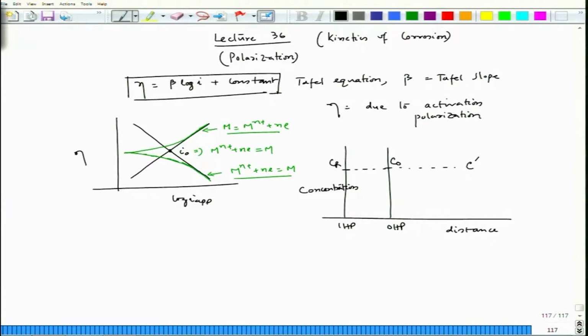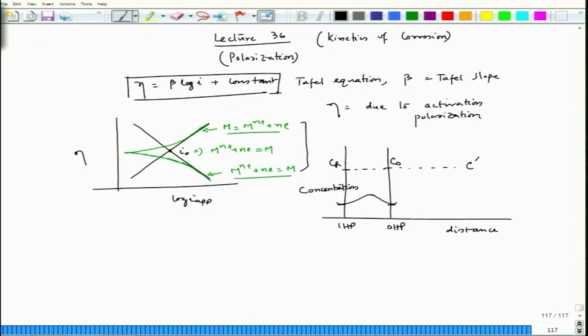And we are seeing that this particular process is taking place because of the interface jump of ions or atoms over the energy barrier. This energy barrier depends on whether it is anodic current density or cathodic current density, which one is more compared to the other, and then this particular plot will rearrange itself.